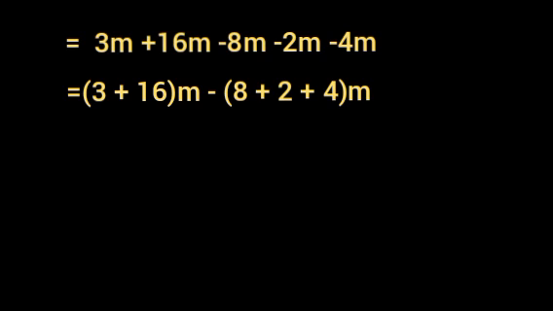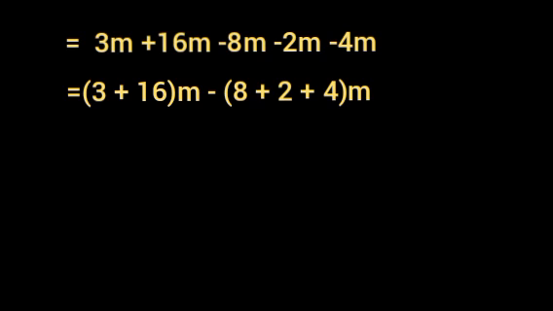Now, since each of the last terms, that is 8m, 2m and 4m, is carrying a negative sign, just factorize that negative sign out, like that: minus, then bracket, 8 plus 2 plus 4, close bracket, m.